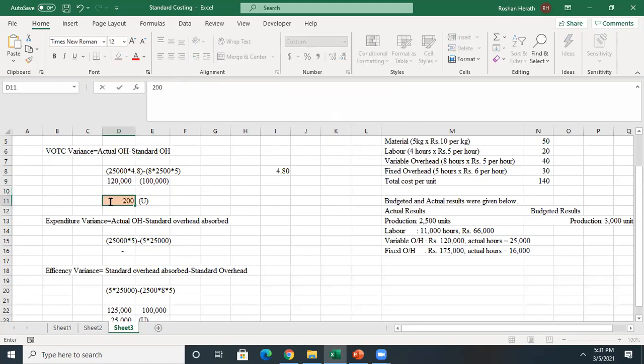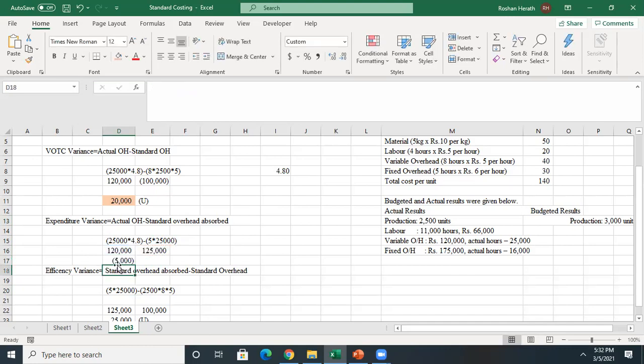Here it's 120,000, and here also it's 5. Here also there's a difference. It's 4.8. It's something to do with the computer. Sorry for that. 25,000 into 4.8 is 120,000. It's 5 into 25,000, 125,000. So therefore it's a 5,000 difference.